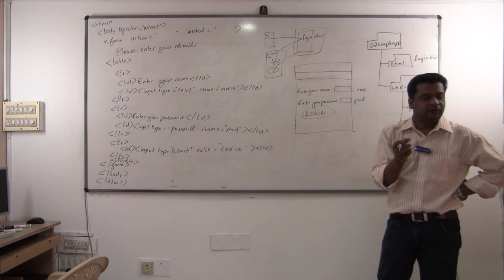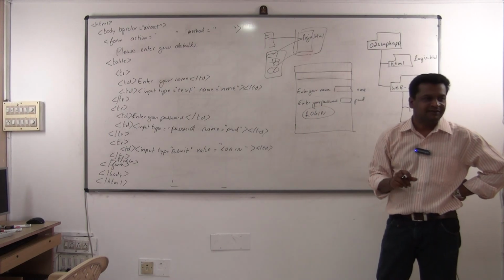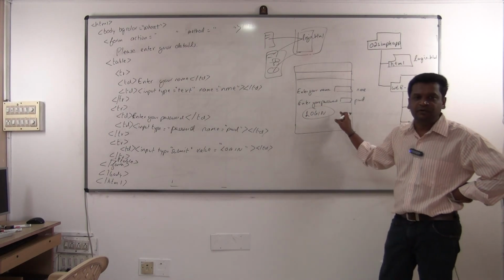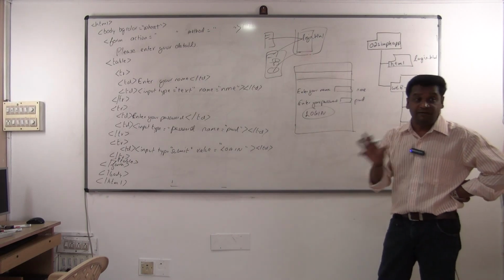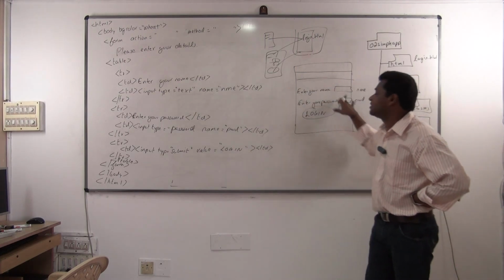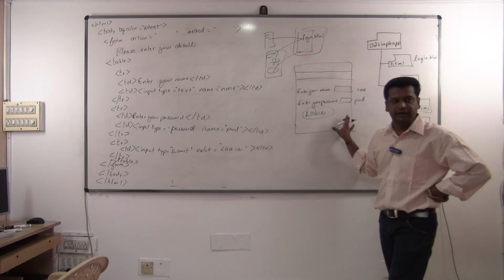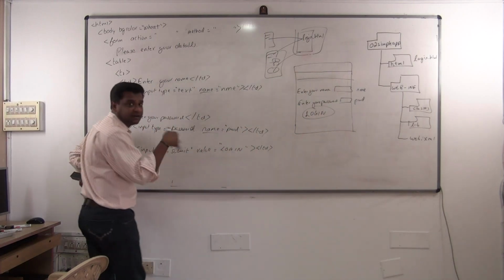Only then you'll get the value from the corresponding box. Otherwise, with so many values, how will you get them into your program? That is the reason we give names to the boxes. This is theory. When you see the practical, you'll understand very clearly. All the input boxes will have some name like this. Are you clear with this now? Theory is okay, practical you'll understand.